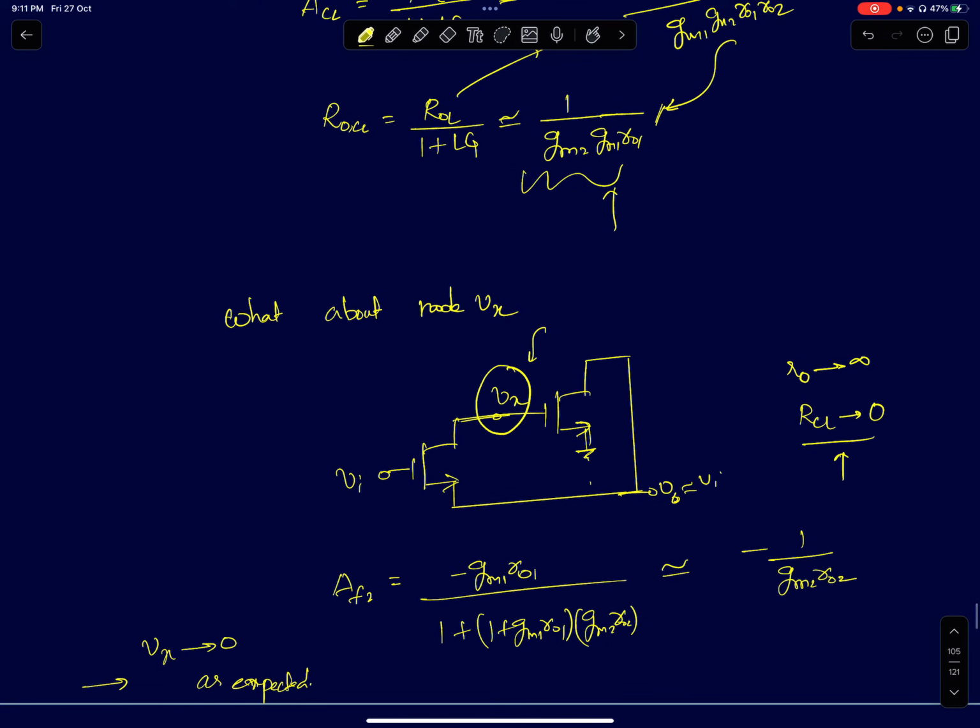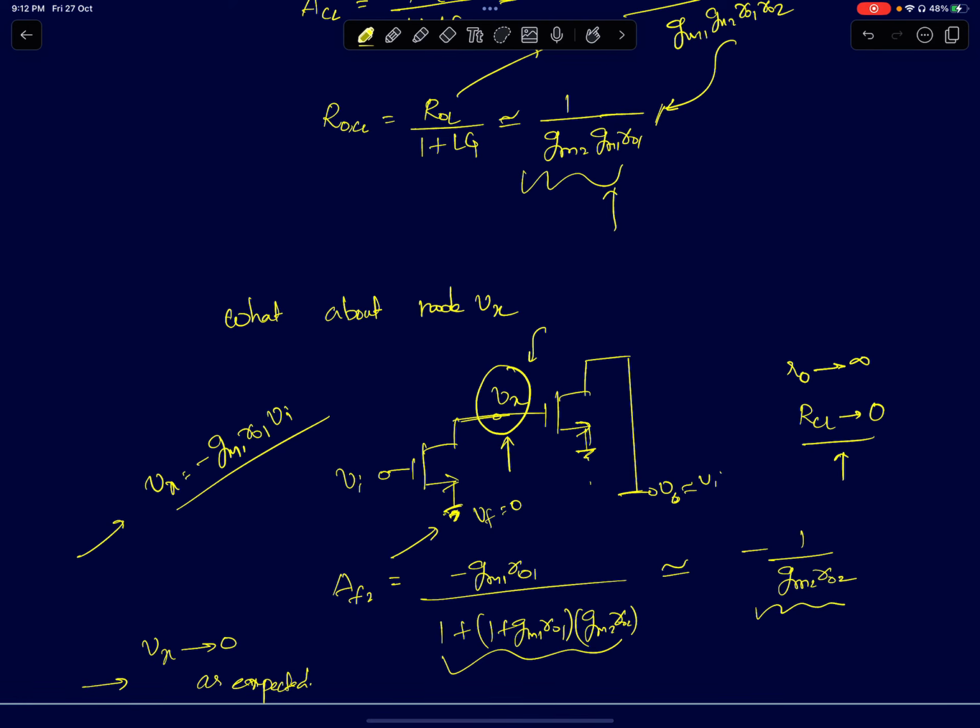The open loop value at node Vx can be found by ensuring the feedback voltage is 0 in a similar way, and you end up getting Vx to be minus GM1 RO1 times Vi. That's your open loop voltage gain divided by the loop gain. You get the overall closed loop voltage gain to Vx, which will be minus 1 by GM2 RO2.